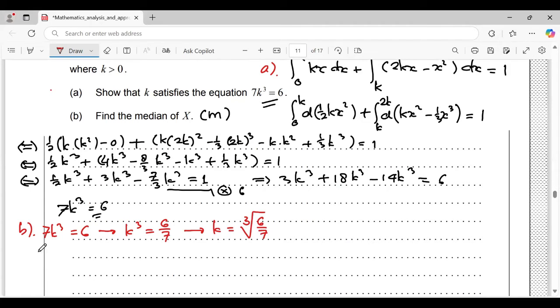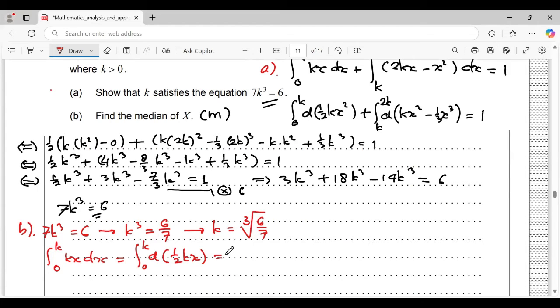And the integral from 0 to k of kx dx equals half kx squared from 0 to k. We already know this one.